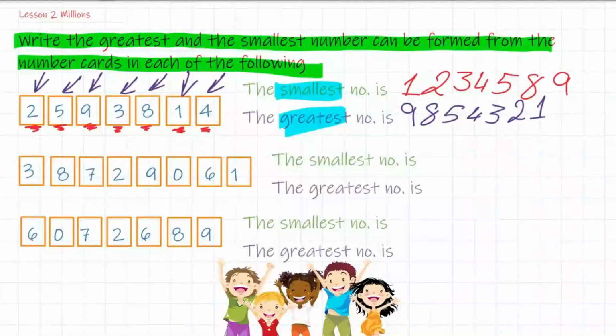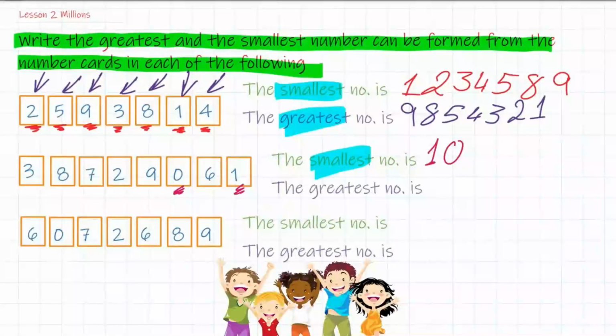Okay, let's move to the next one. Let's form the smallest number from these digits. The smallest digit in these digits is 0, right? But we can't start with 0 because 0 on the left has no meaning. So let's start with the next smallest number, which is 1. So let's start with 1 and then write 0.